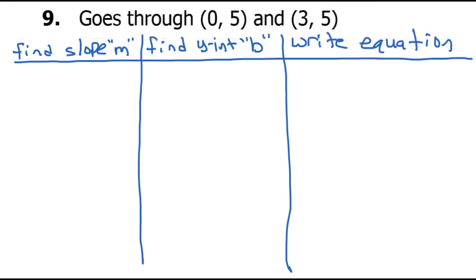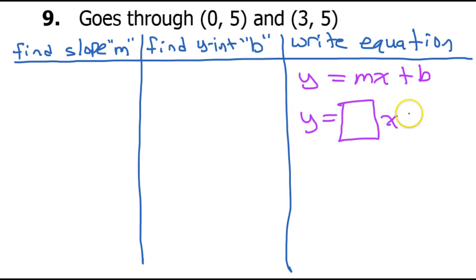Okay, now remember, when you write the equation, we're talking about y equals mx plus b. So that's going to be like y is equal to something x plus something. We just need to find m and b. That's what we're going to do here and here.